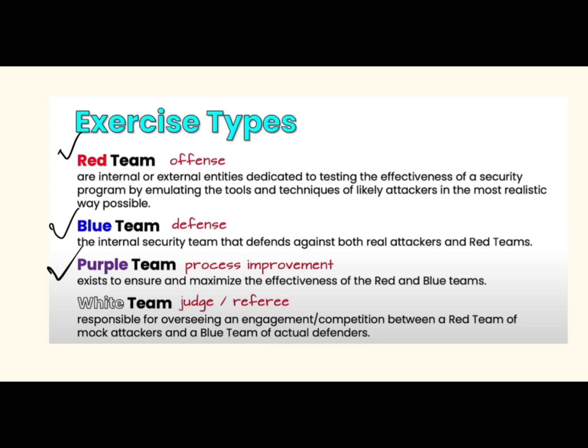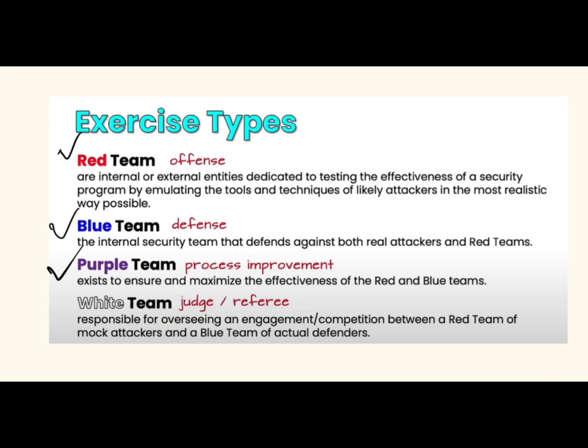The third one is purple team. Purple team, we can call them coaches. If we talk about process improvement, the purple team is like a training staff who coach both the attackers and the security guards, let's say.